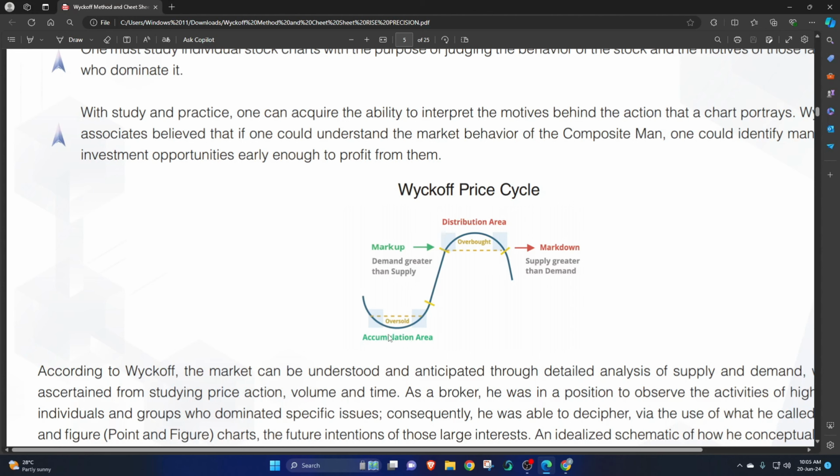And accumulation happens at the bottom. In the accumulation area is where the 1%, the big banks, the central banks, the hedge funds accumulate or buy. And in the distribution area, this is where all the 1% start to sell.